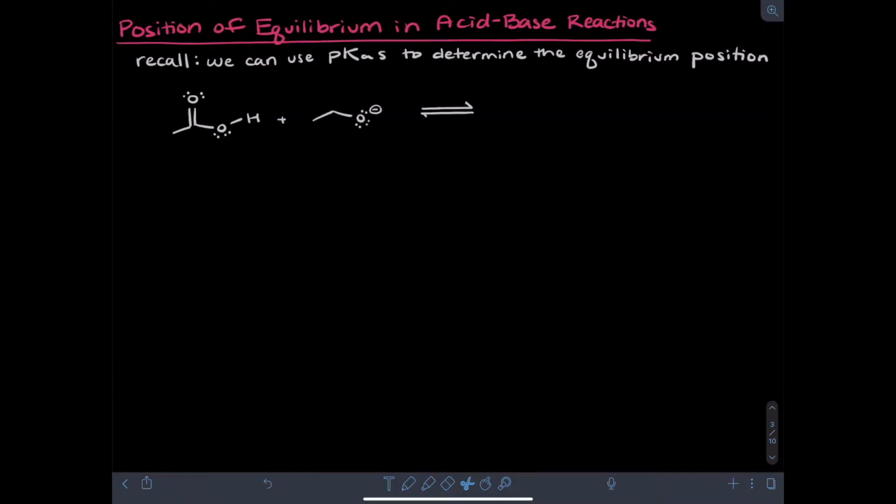In terms of predicting the position of equilibrium for a Bronsted-Lowry acid-base reaction, if you know pKa's, you can use them to determine this position. So let's consider a reaction between a carboxylic acid and the conjugate base of an alcohol.